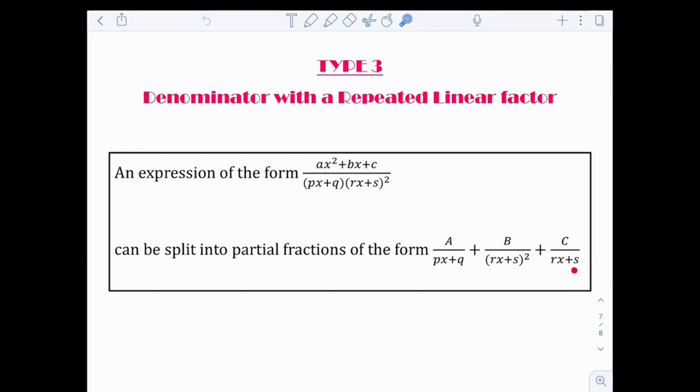And for the third fraction, you just put in rx plus s without the square. For the upper part, we just put constant, constant, and constant, so I'll represent them using A, B, C. The method of finding the constants A, B, C is actually the same as type 1, but there's something to take note of here, so I'll explain further by using a past question.